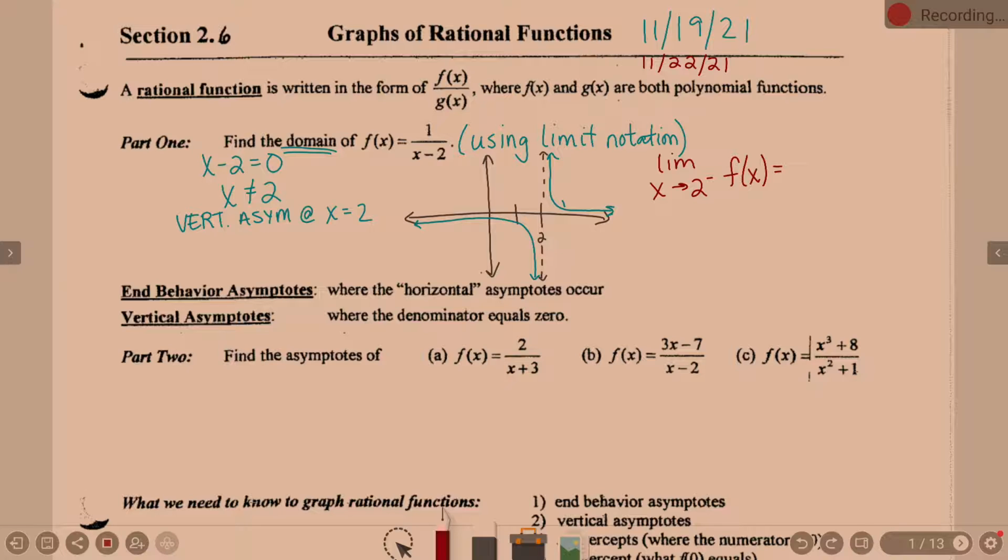The limit as x approaches 2, and as I said, that negative means from the left. And what's this going to equal? So as x approaches 2 from the left, where's my graph going? Negative infinity. So that would be half of your answer in relation to the domain, okay, if we're using limits.